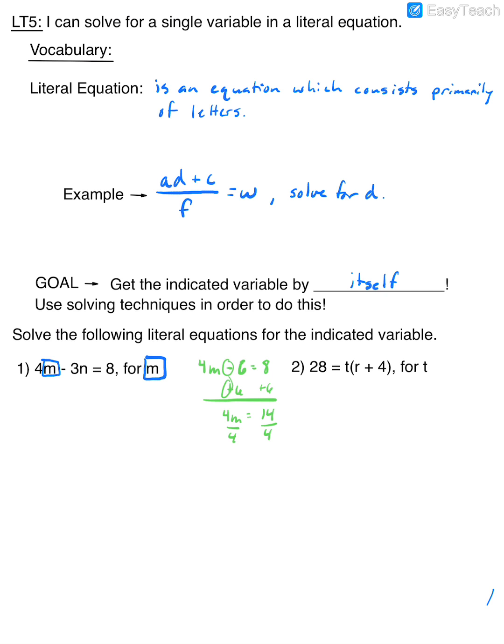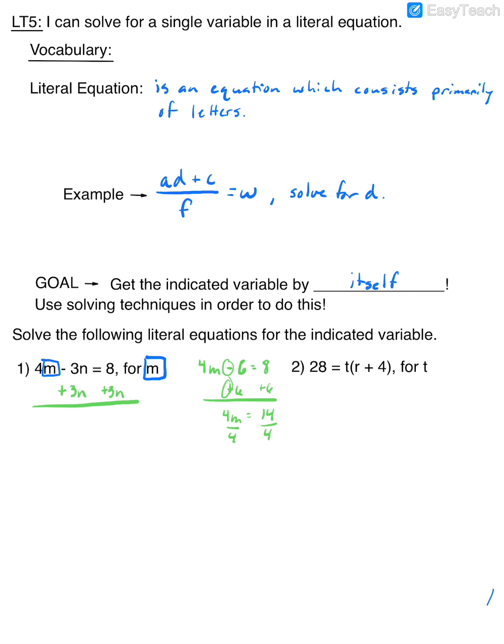So same idea here. For this one, I see that negative 3n is being subtracted from 4m. So I want to undo that by adding 3n to both sides, just like we did with the 6.